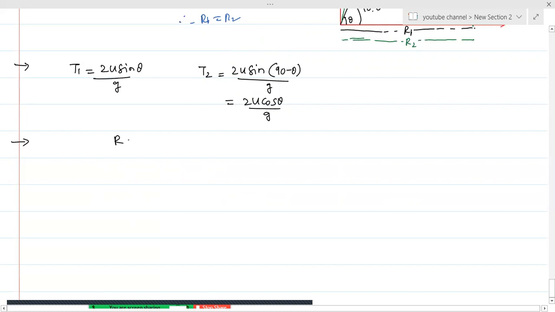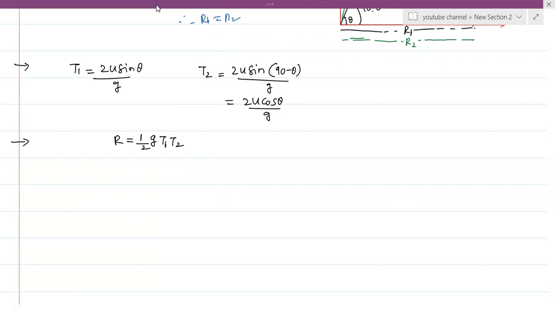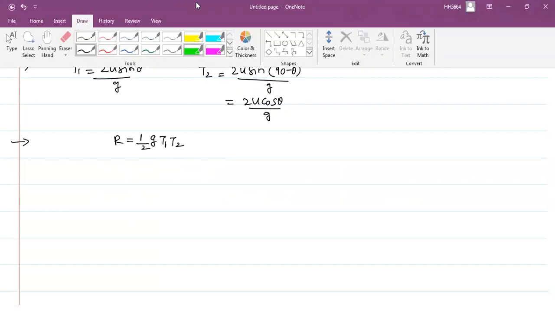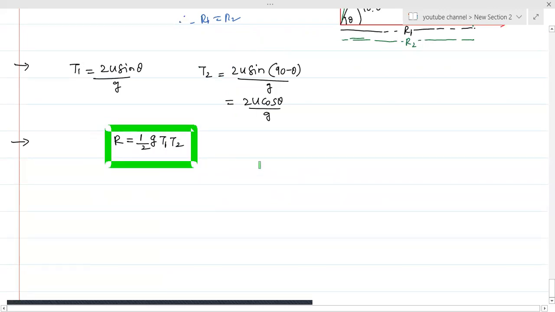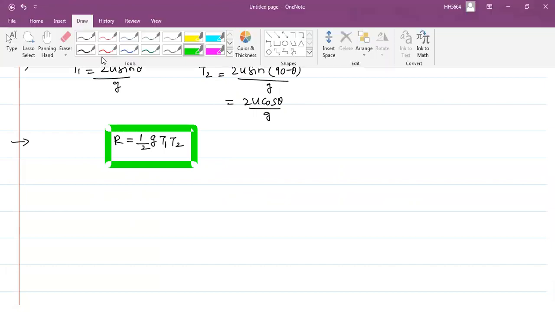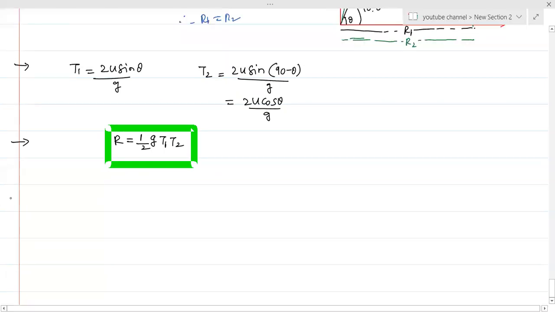By solving the range and the above two equations, you are going to have R equal to half g into T1 T2. Range capital R is equivalent to half g into T1 T2. This is one of the important relations over here.